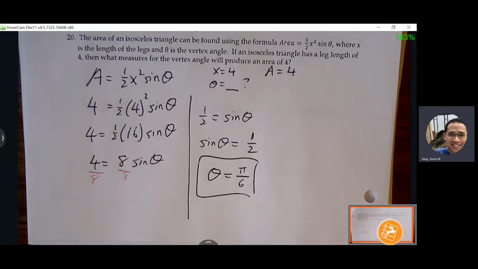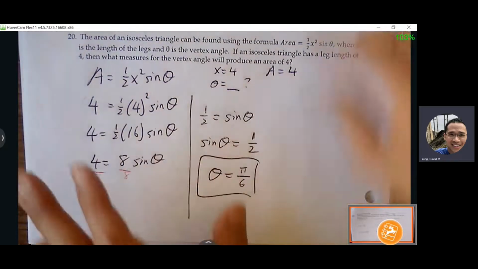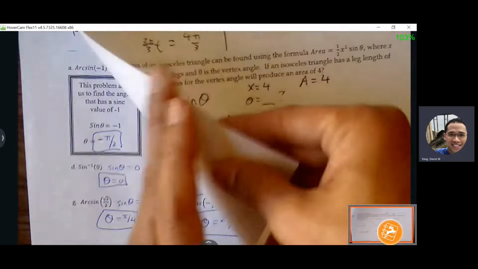Flip back to page 11. Anybody still need this page? Let me do one of each type, and then I'll let you guys finish out the rest, so that you guys have a review over each type. So page 11.